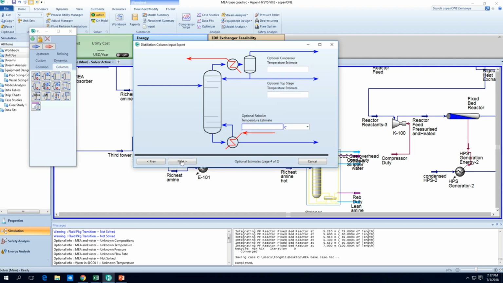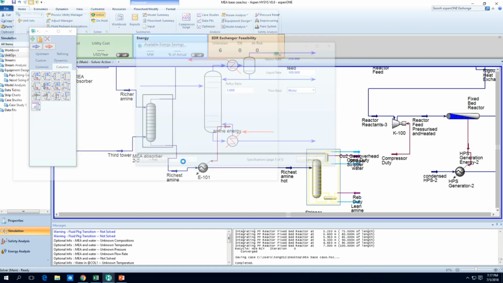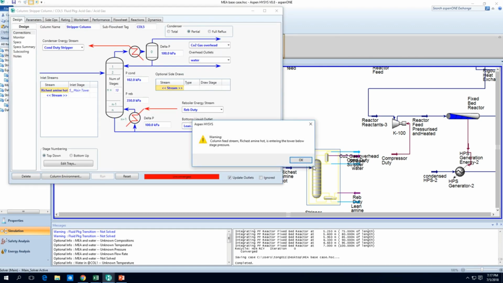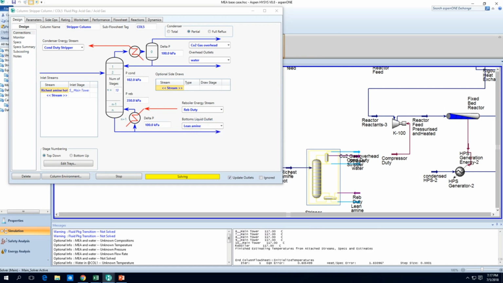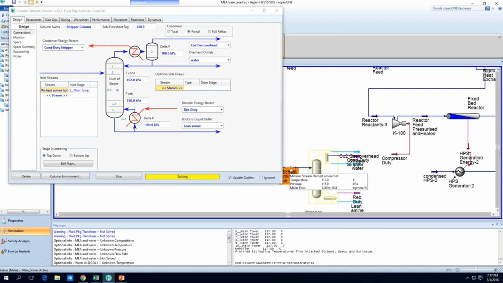Reboiler estimate, no, we're not going to give estimates. Reflux ratio, let's give it about 1. Vapor rate, we want CO2, so we give it about 250 maybe. Liquid rate, we'll try very little. So we're just done. We'll try and run the tower. So richest amine is going below the pressure.